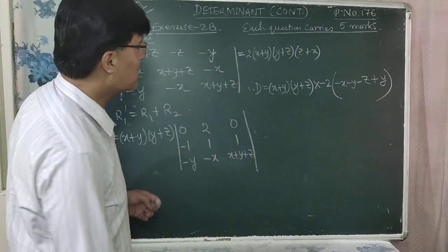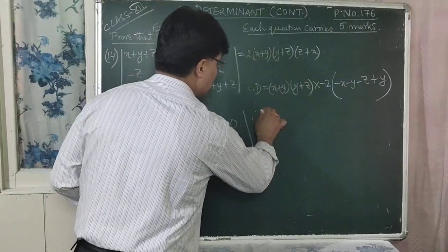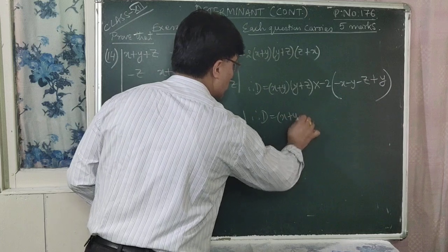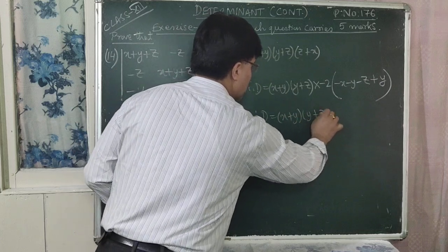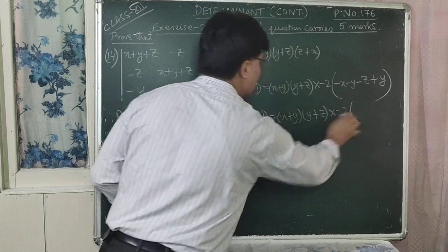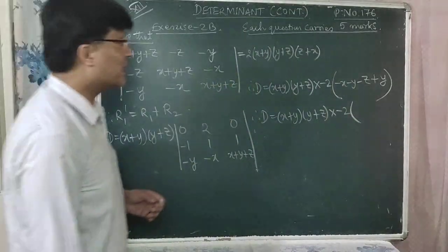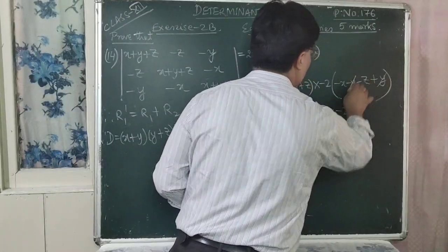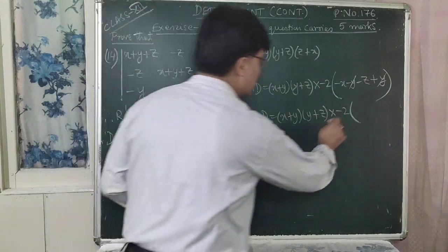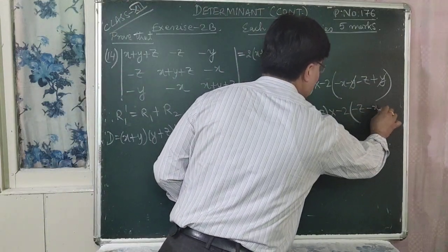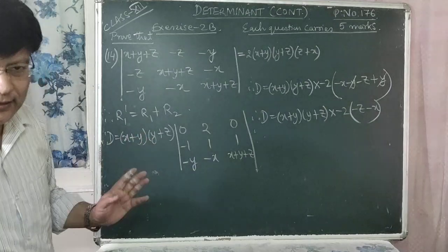Okay. Now let us simplify it. Therefore D is equal to x plus y, y plus z into -2 within bracket. So you can cancel y here, plus y minus y gets cancelled. So it is minus z minus x. Is that clear?